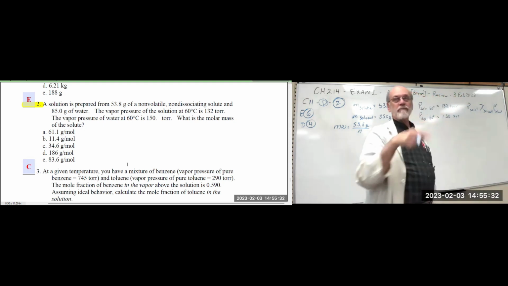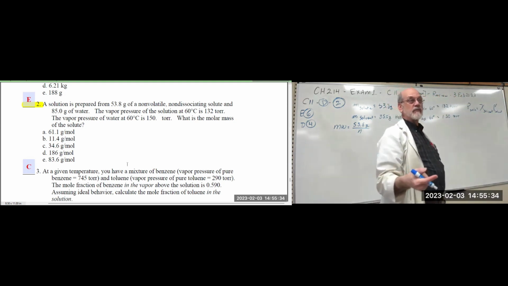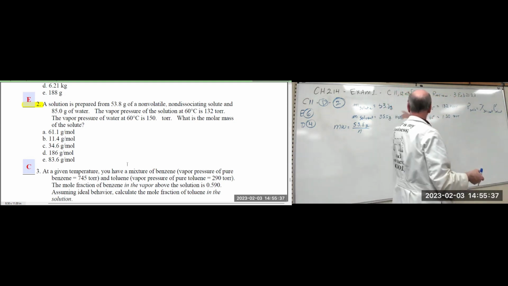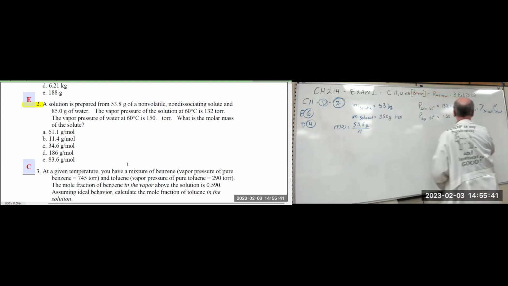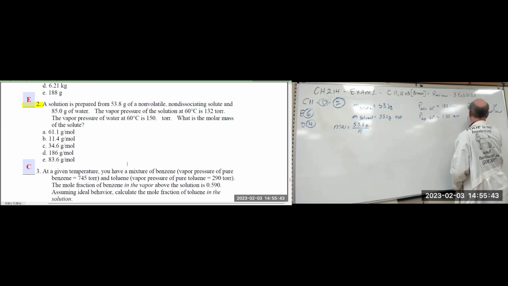This is where we're going to get the moles of the solute. If we can find the mole fraction of the solvent, then 1 minus that value is the mole fraction of the solute. So this would be 132 torr equals the mole fraction of the solvent times its pure, 150.